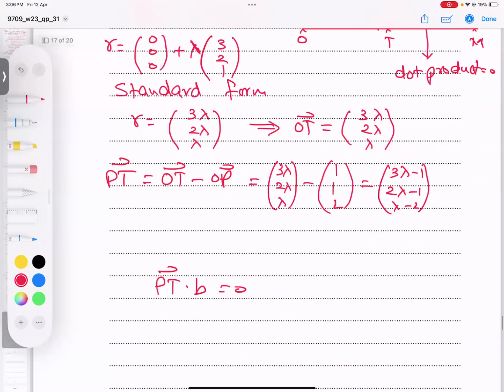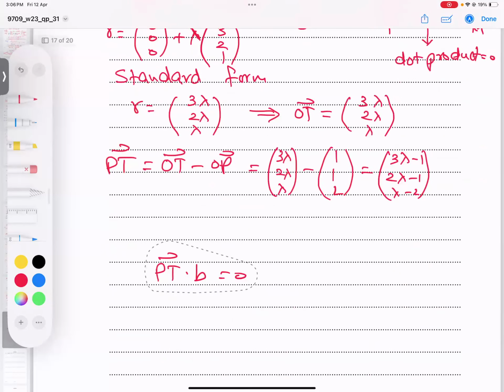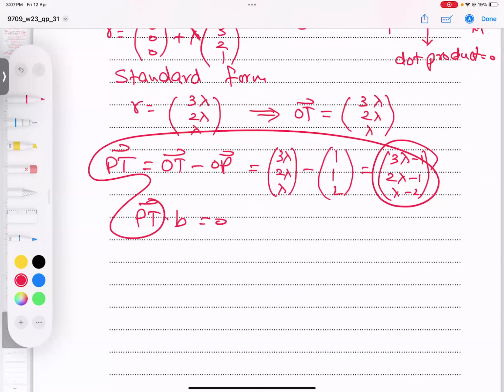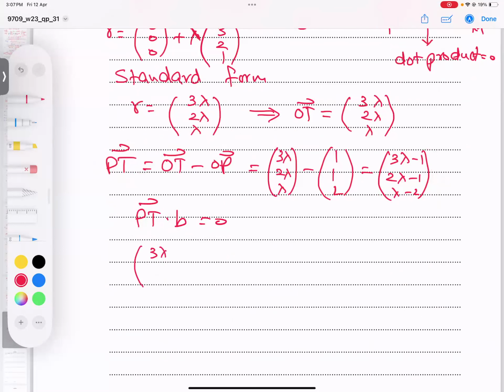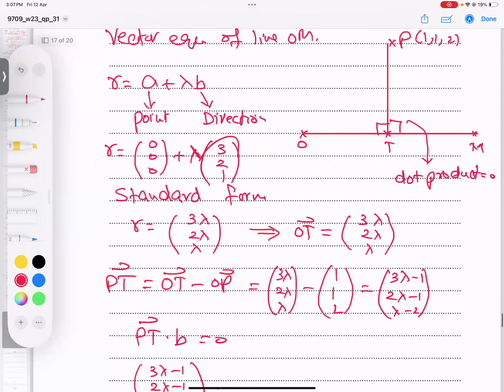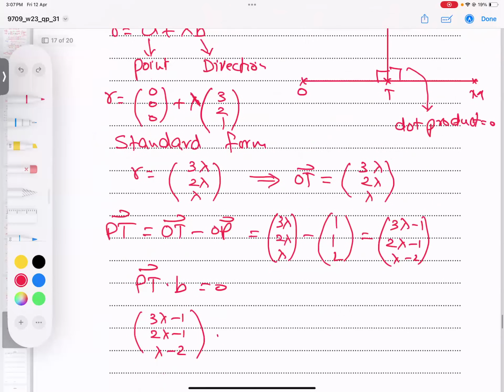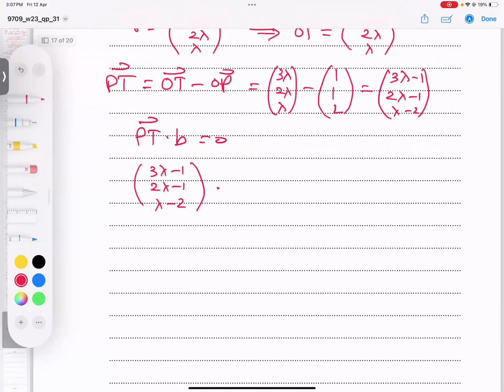And now, student, I'm going to take the dot product according to the plan. This is a very clear plan. So this PT is coming from here, and B direction is, as I said, 3, 2, 1. The dot product says the corresponding values multiply and add them all.